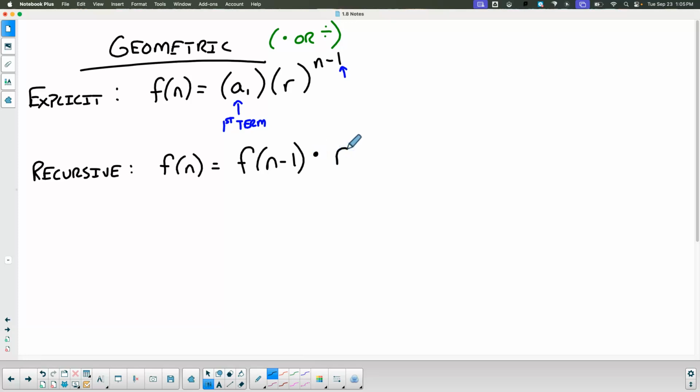Or if you wanted to write it as r times f of n minus 1, if you wanted to write it like that. And then afterwards, we need to say f of 1 equals some number, or f of 2 equals some number.